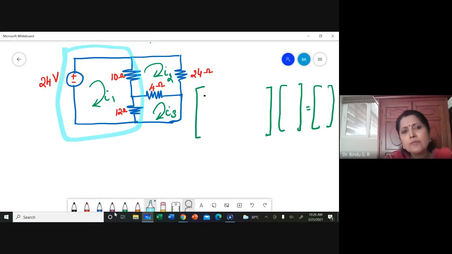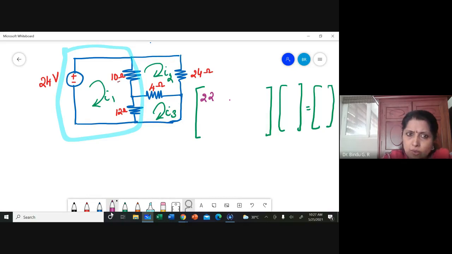Which are those resistors which are connected to that only? 10 plus 12, 22. Then I am going to find out A12. 12 means those elements which are connected to both mesh 1 and mesh 2.